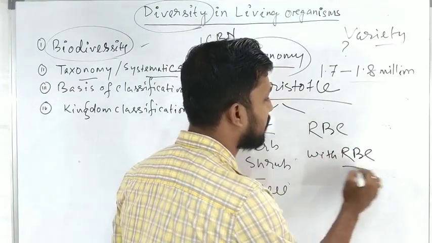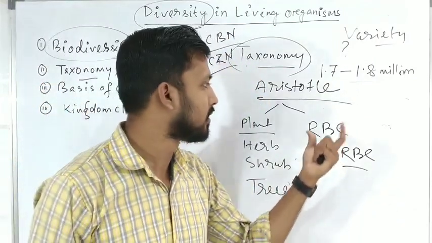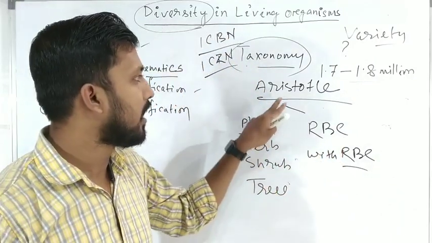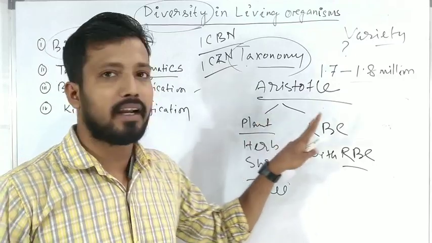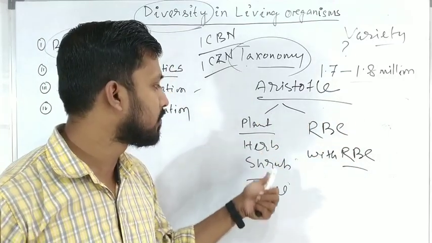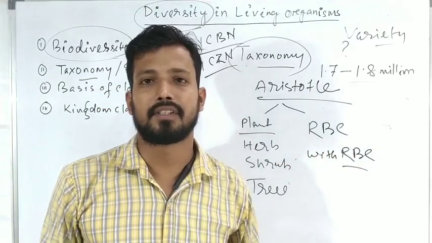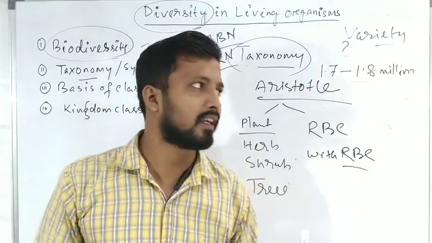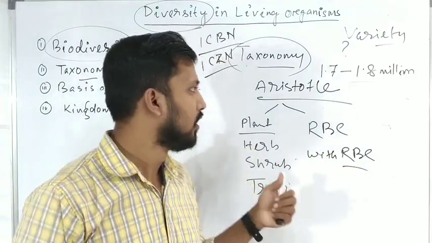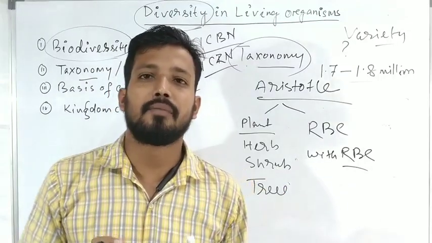So Aristotle classified plants into herb, shrub, tree, and animals with RBC and without RBC. So it is a morphological or hypothetical character basis, and it is not quite convenient.